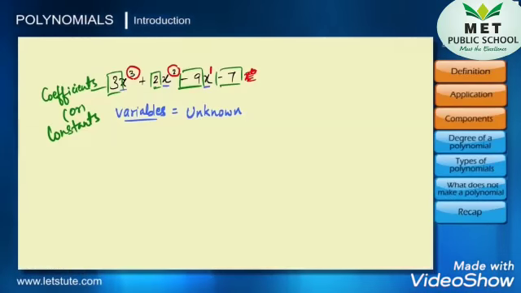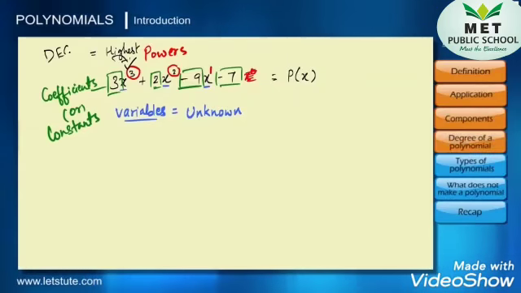Any variable with no power is considered to be 1, and the constant number can be written as x to the power 0, which is also equal to 1. So these powers like 3, 2, 1, we call exponents also, and together the total expression is called a polynomial. And the highest power in the polynomial is said to be the degree of the polynomial.